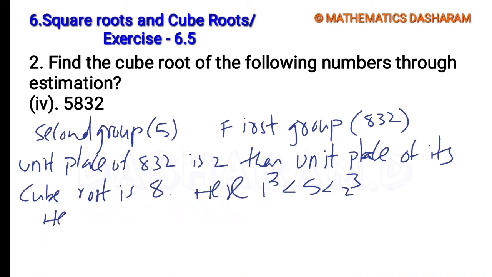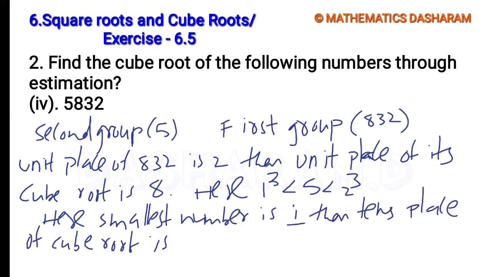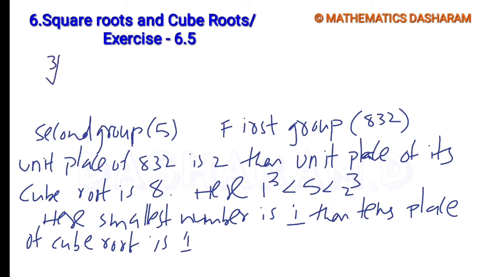The smallest number is 1, so the tens place of the cube root is 1. So the cube root of 5832: from the first group we found the unit place, that is 8, and from the second group we found the tens place, that is 1. So 18 is the cube root of 5832.